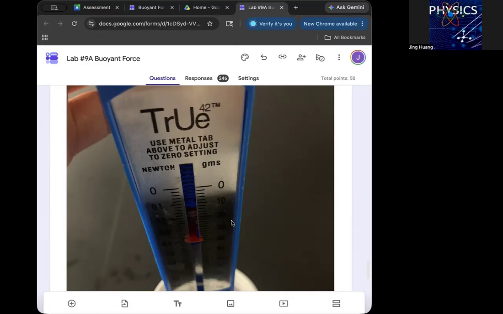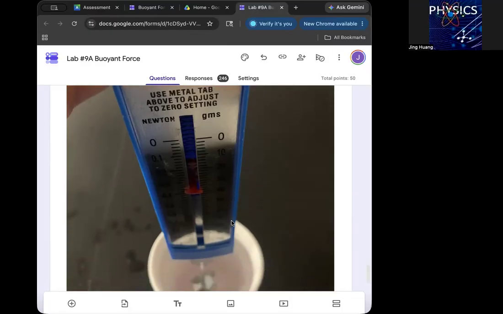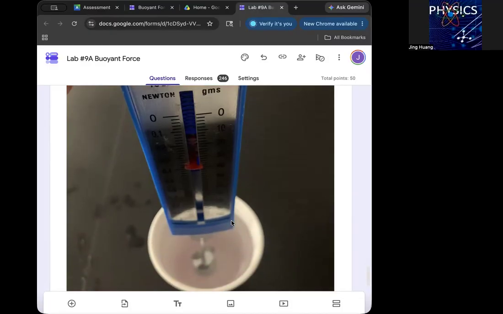We're going to use this Newton scale to detect the very small difference of tension force when you measure an object, for example, a 50-gram or 100-gram weight in the air, or when you have this object completely submerged in a fluid or liquid. In the lab, we use water, which is the easiest and safest. What's important is that the difference is small, so we need to do the experiment slowly and gently.